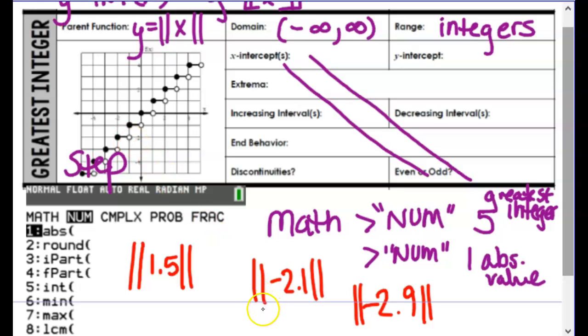So negative 2.1 stays at negative 2, but so does negative... Why is this making me crazy? Yes. No. You have to round to the left. So this would round to negative 3. The negative 2.1 rounds down to negative 3. This rounds down to negative 3. This rounds down to 1.